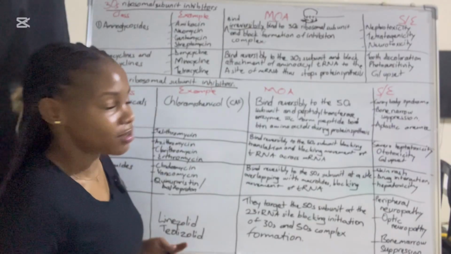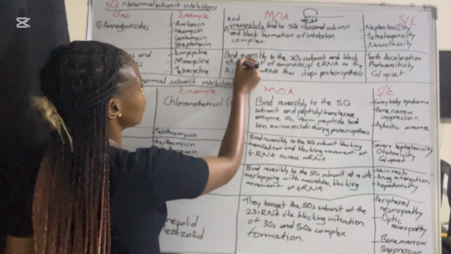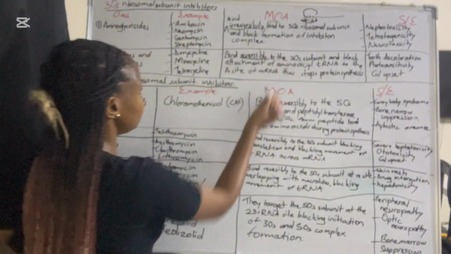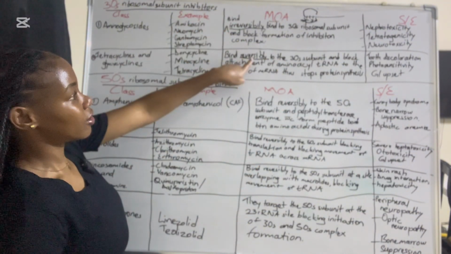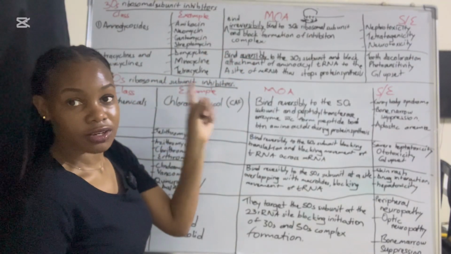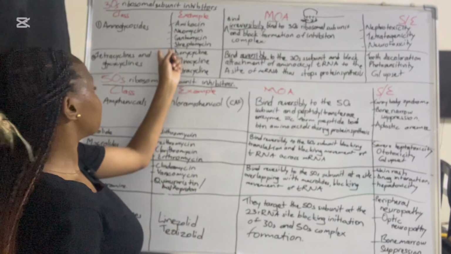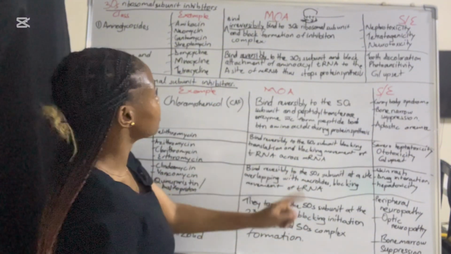What is their mechanism of action? These drugs bind reversibly. You see, the keyword for the aminoglycosides was irreversible. Here the keyword is reversibly. They can ask you for the difference between aminoglycosides and tetracyclines based on the mechanism of action.